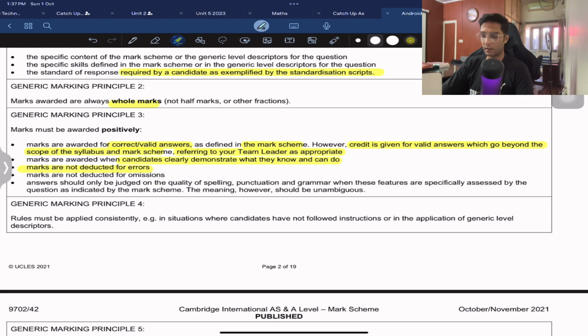You can't just randomize things. Then it says answers should only be judged on the quality of spelling, punctuation and grammar where assessed by a question indicated in the mark scheme. However, it should be unambiguous. So they're not judging you for your punctuation. It's not an English exam, but don't make it ambiguous.